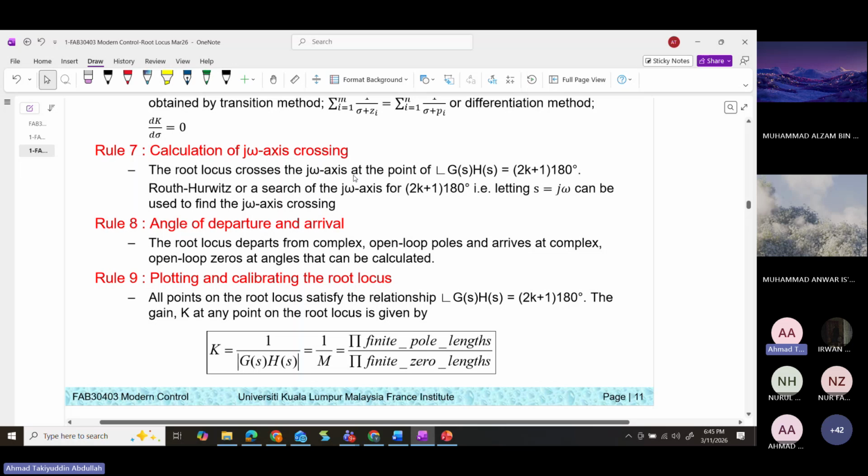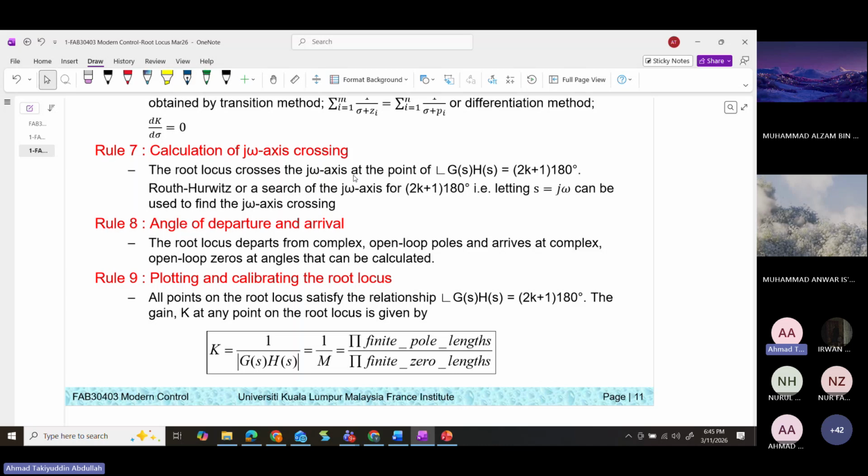That will be necessary when we know the plot will be crossing the j omega axis, then we need to calculate the j omega axis crossing.